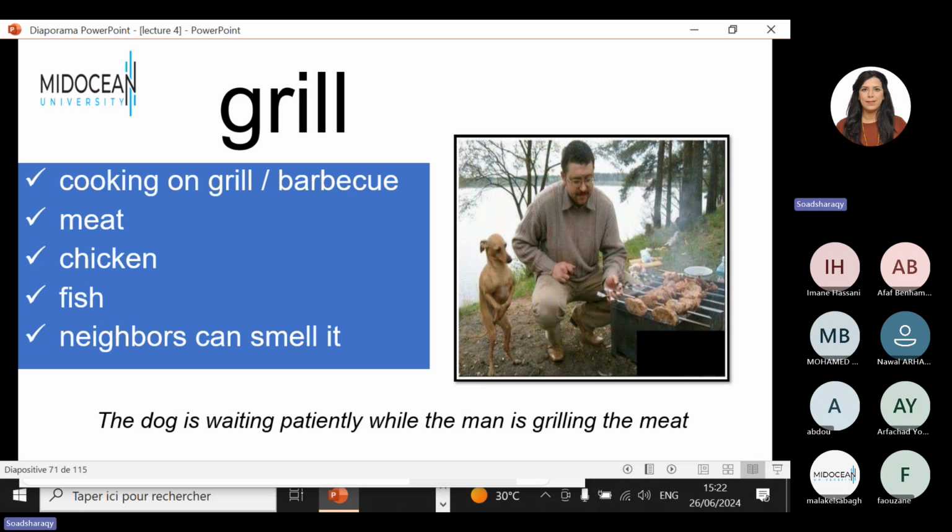Grilled meat. Okay, good. And what about grilled chicken or fish? Do you like it? I prefer fish grilling. Fish and meat. Fish, I prefer fish. Okay, good.